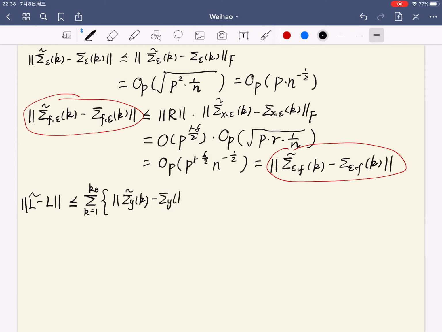Recall that this difference is bounded by this term.